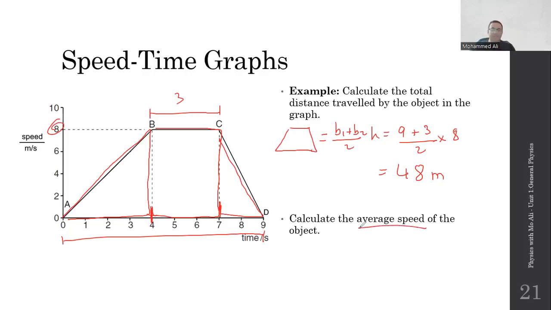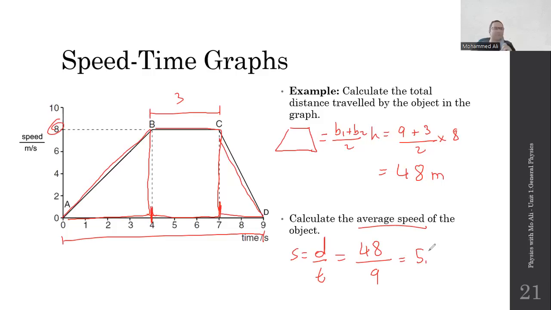And how do we calculate average speed? This is like a follow-up question from the very beginning of this particular chapter and point. To get average speed, it's total distance over total time. What's the total distance? 48. What's the total time? 9. So 48 over 9 is 5.33333333.